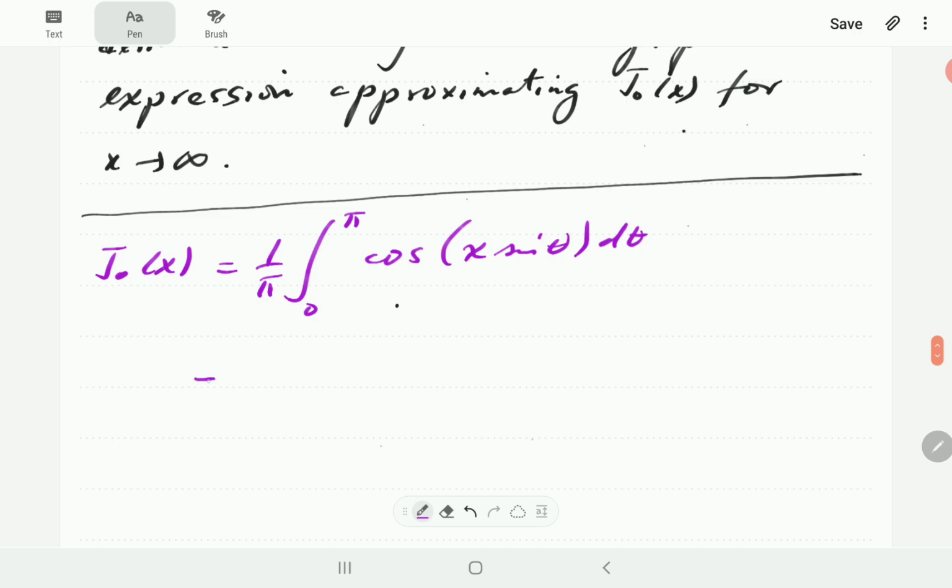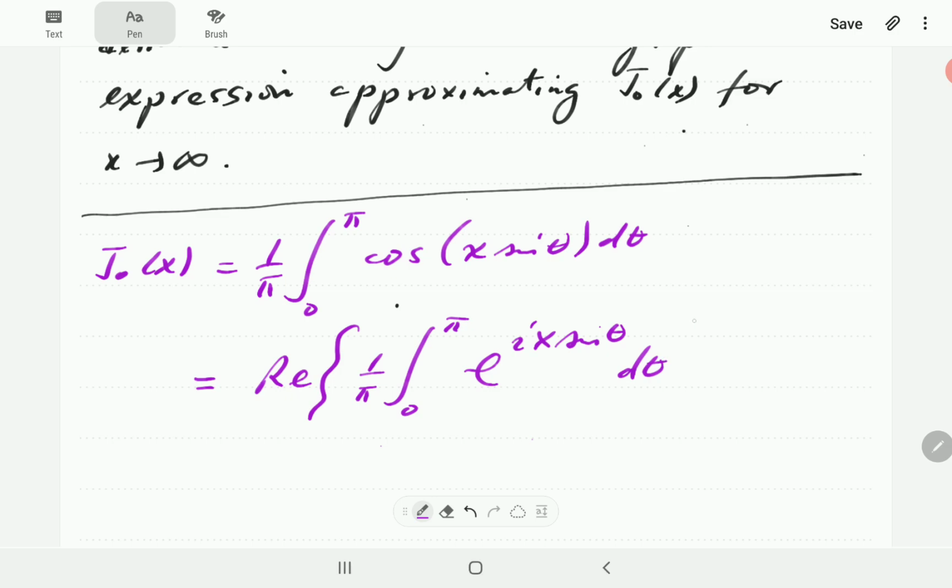Right, and then we're going to write this as the real part of 1 over pi, the integral from 0 to pi of e to the ix sine theta d theta.